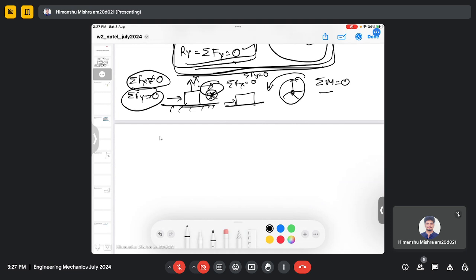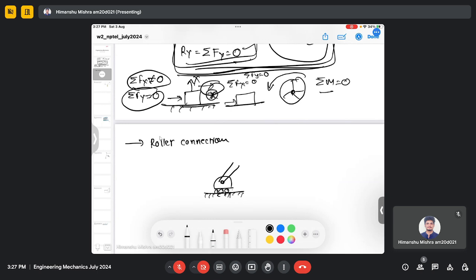For example, let's consider a roller connection. So this is a fixed surface and you have some roller support here. Whenever you have a connection or some support, there will be a normal reaction, which we have seen previously in many problems.